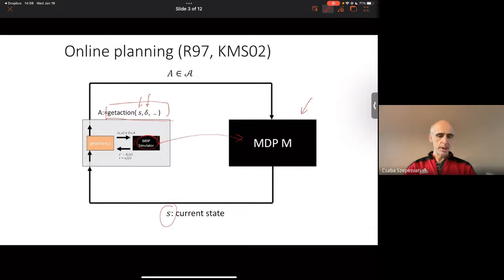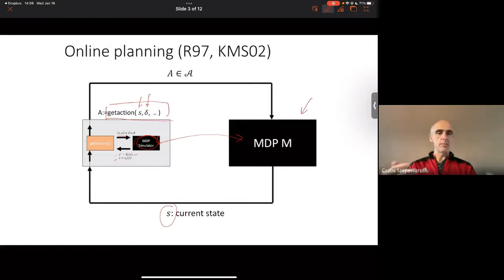This planning algorithm will have access to a simulator, which gives a faithful representation of the MDP. It can send queries to this simulator in the form of state-action pairs, to which it receives responses in the form of next states sampled from the transition probability, and the reward associated to that.